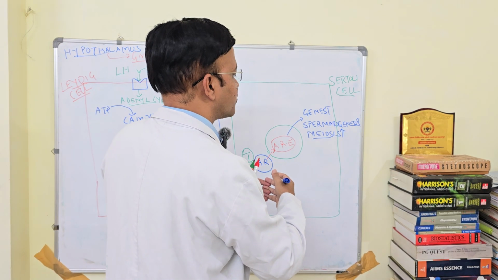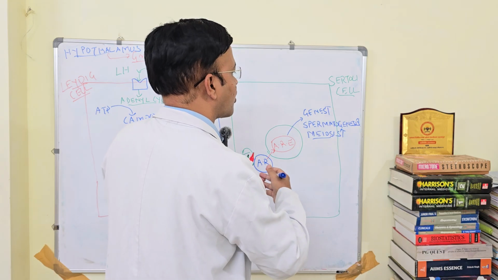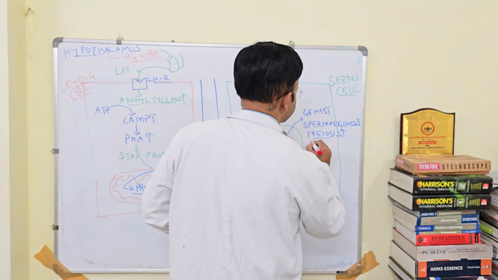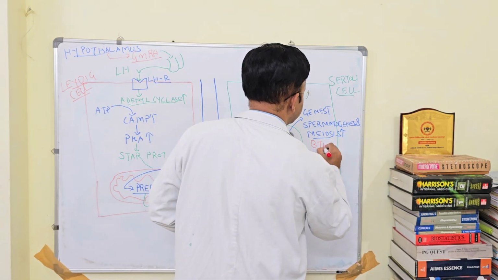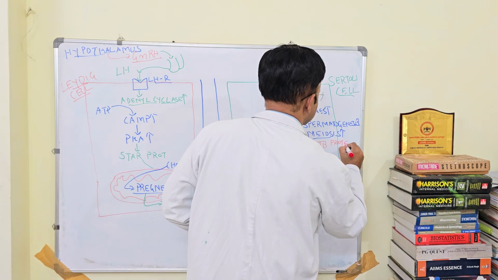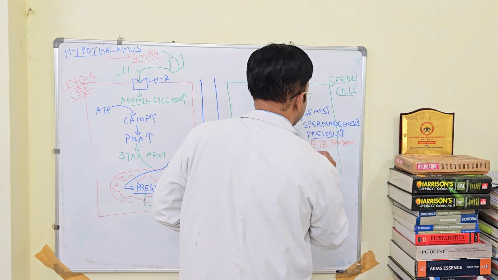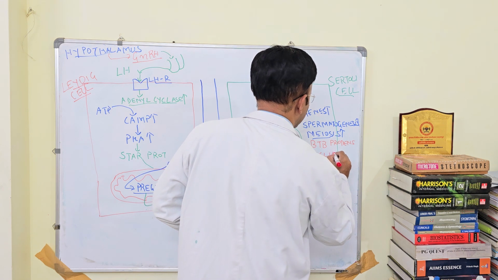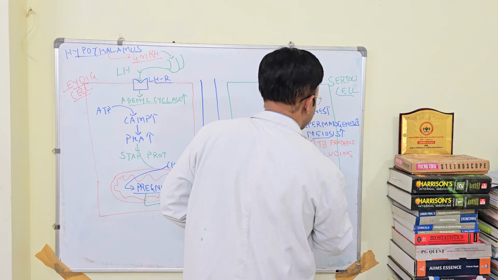It's a tight junction. So which proteins will be synthesized more? The occludins, right? So blood testis barrier proteins, BTB proteins, like occludins, claudins.